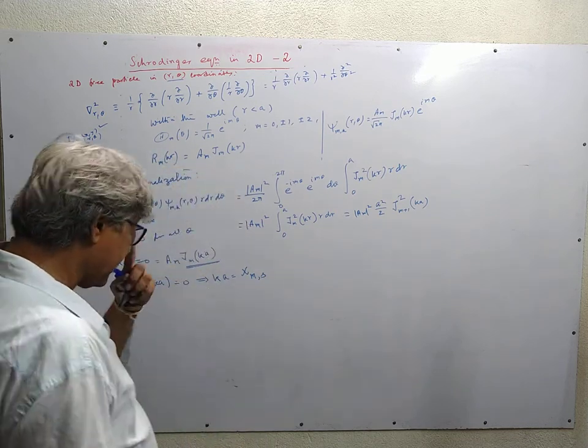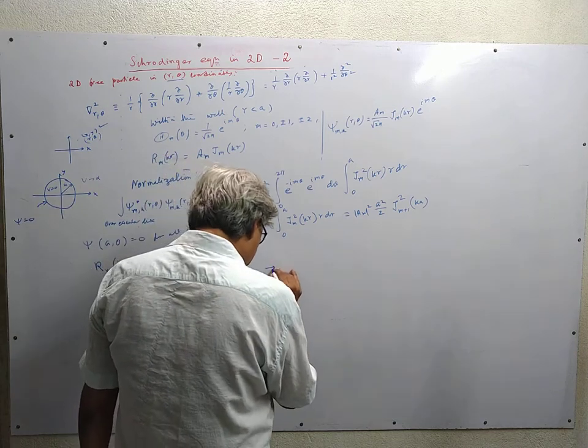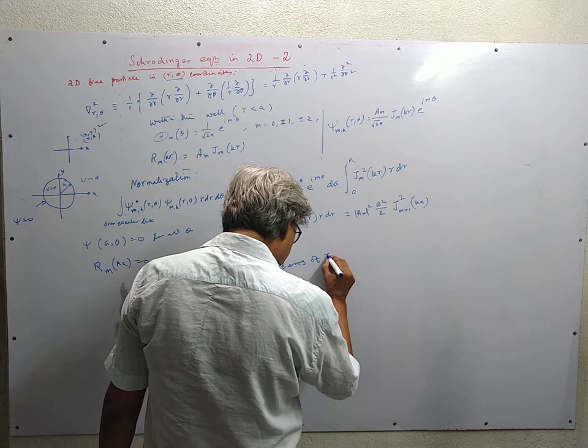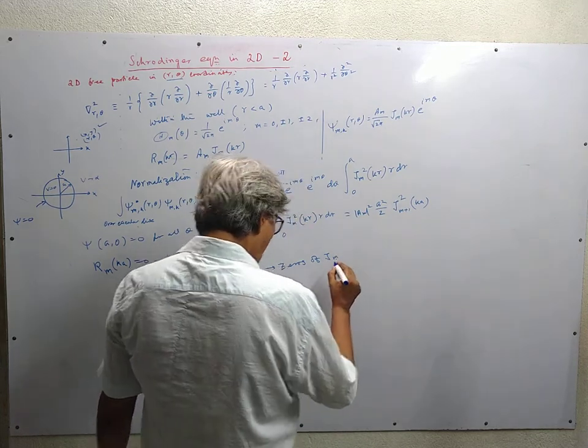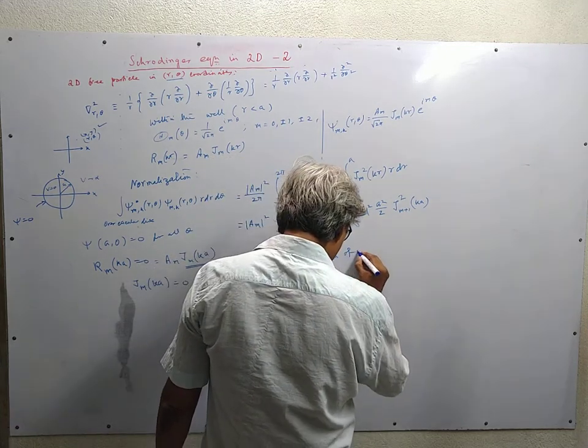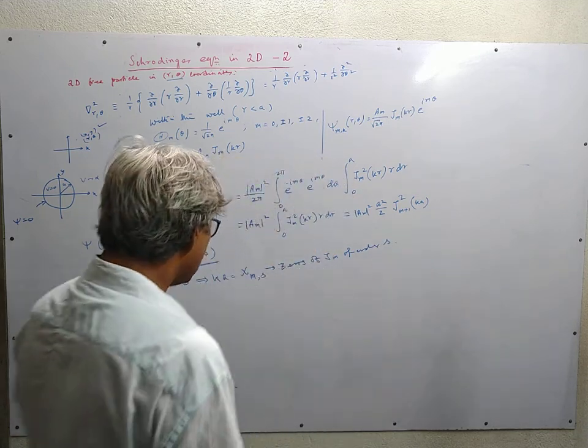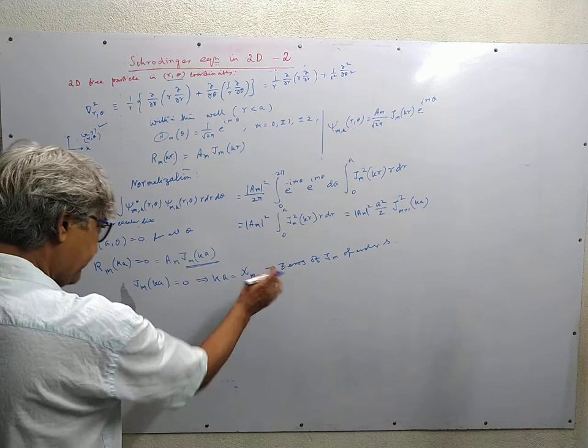These are known as the zeros of J_m of order s.